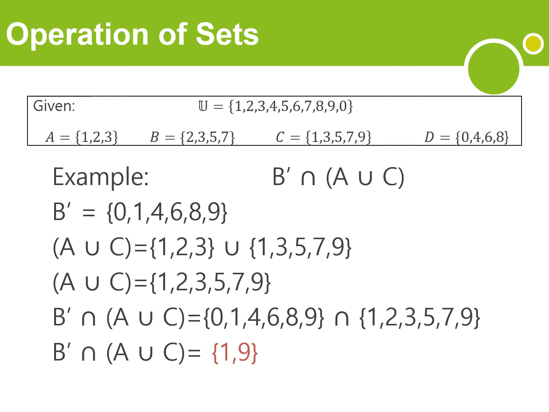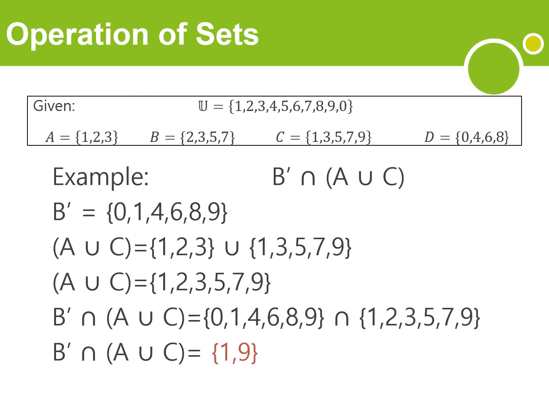So, for example, B prime intersection the union of A and C. If you notice, the union of A and C is enclosed in parentheses. Though B prime intersection comes first, because the union is enclosed in grouping symbols, we need to do this first. So, we can first list B prime.